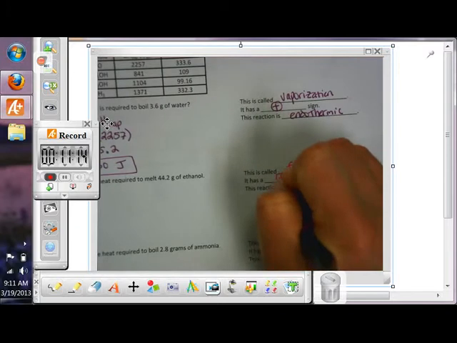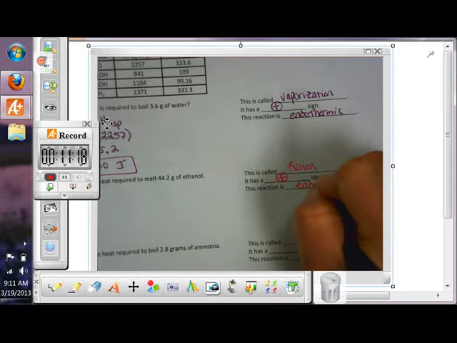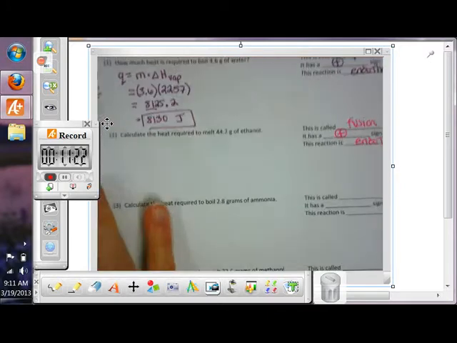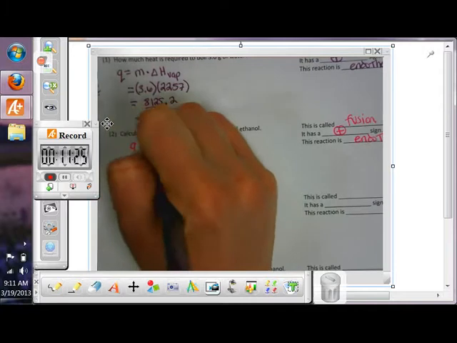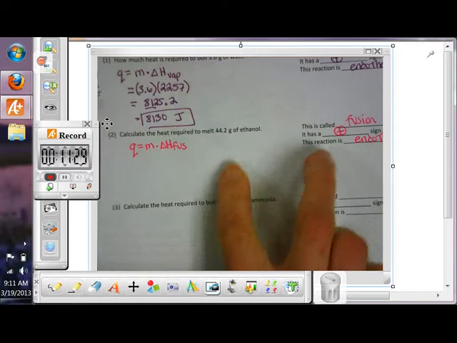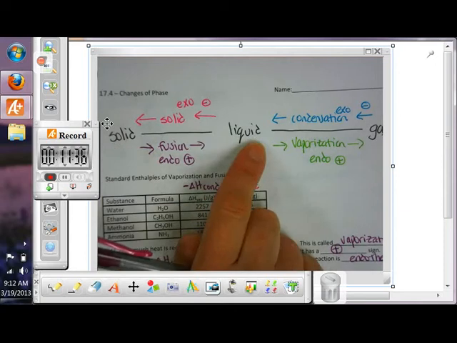Fusion has a positive sign, and to melt something, you need to add heat, so it's endothermic. So I'm going to write out my equation. Q equals M times delta H. Now it's delta H of fusion, FUS, because it's melting, because we are going from a solid to a liquid.